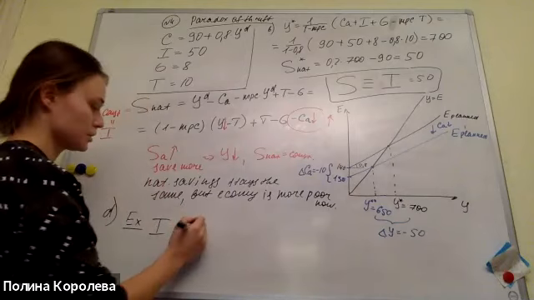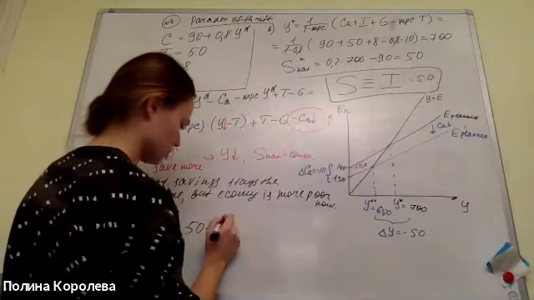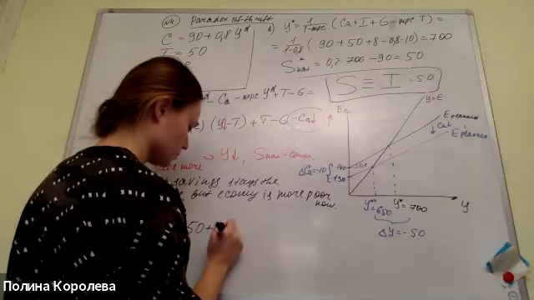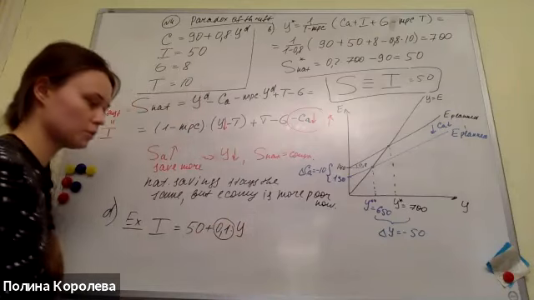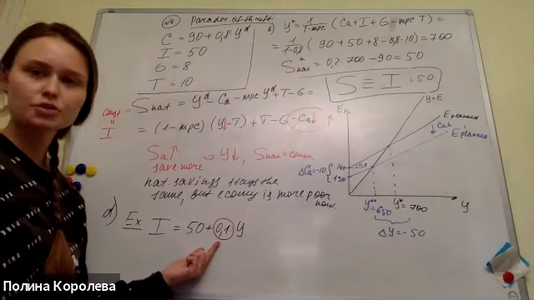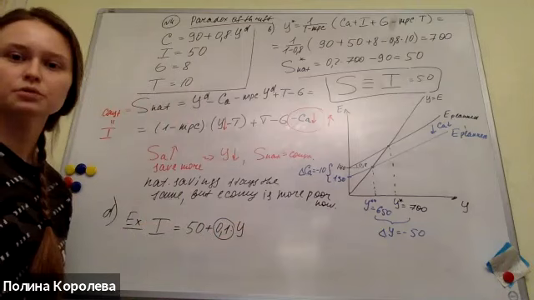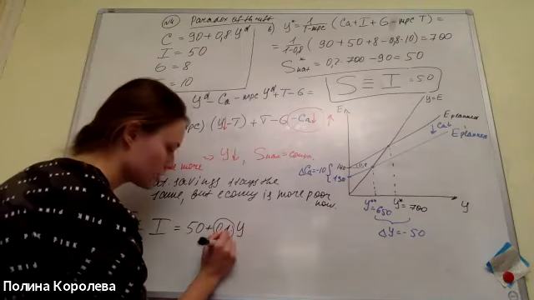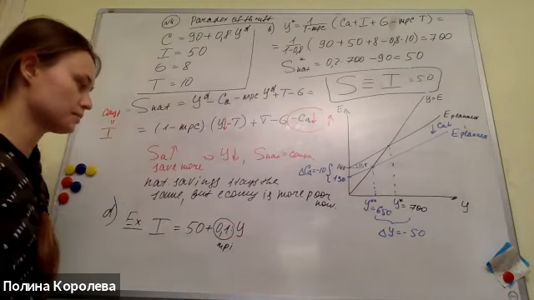So this will be, for example, this constant plus 0.1 multiplied by GDP. This 0.1 we will call marginal propensity to invest. Higher GDP, higher level of investments in the economy. Marginal propensity to invest, as to consume, but to invest.